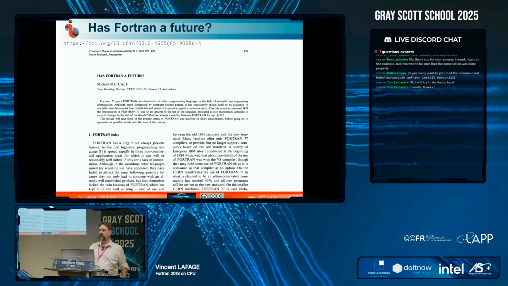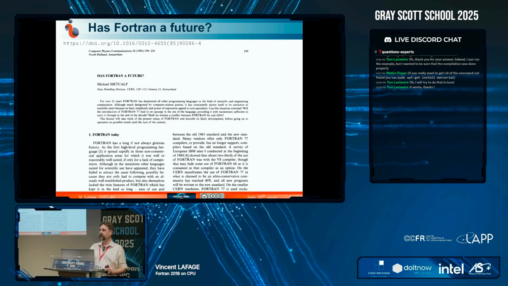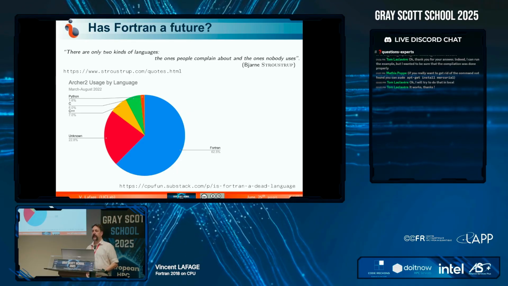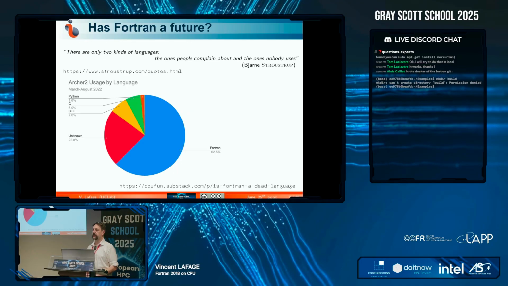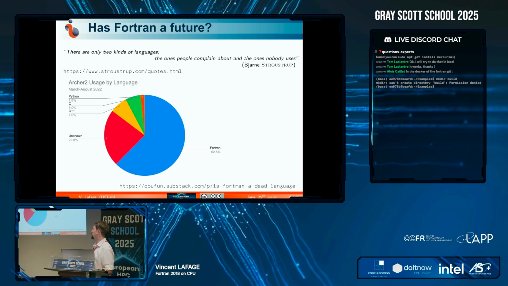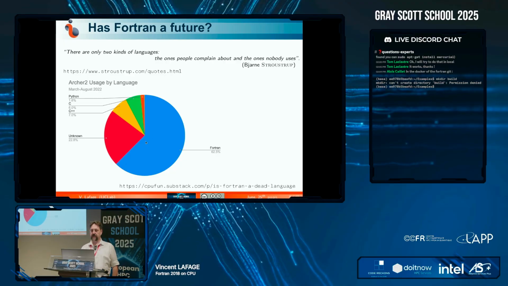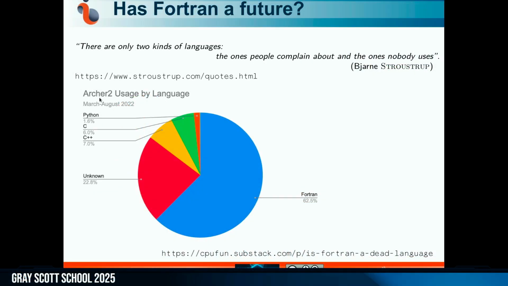But this era was the era of the Great Divide, when science was no more in Fortran. C++ started invading. Yet, we have to go back to numbers and study things from a practical point of view. At the ARCHER2 supercomputing center, they took a poll and asked users to declare the language they were using on the supercomputer.